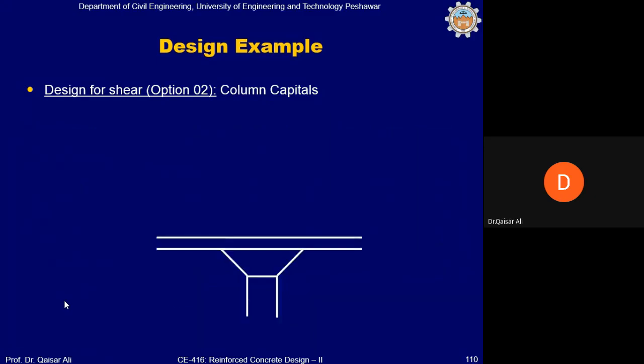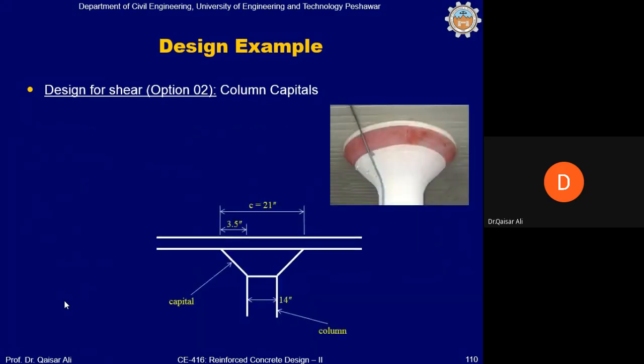This is called a column head, in this manner. Keeping in view the ACI code requirements, you will increase the top of the column from 14 to 21 inch. On both sides, 3.5 inch of column dimension will be increased, 3.5 inch on one side and 3.5 inch on the other side.